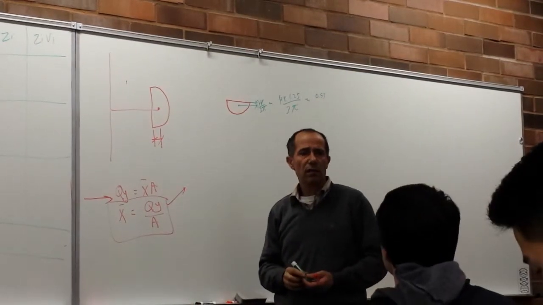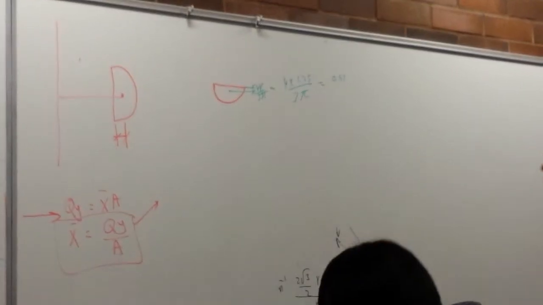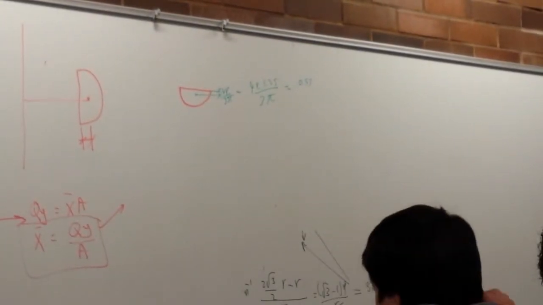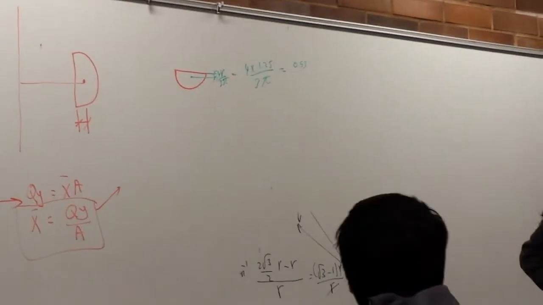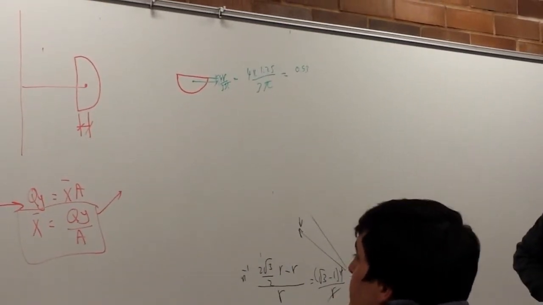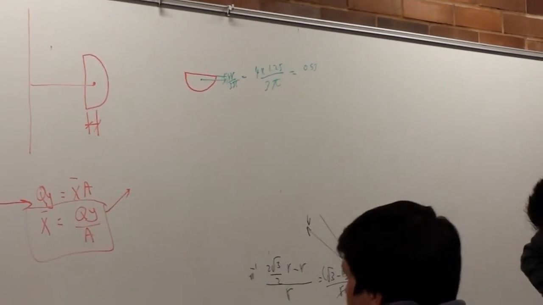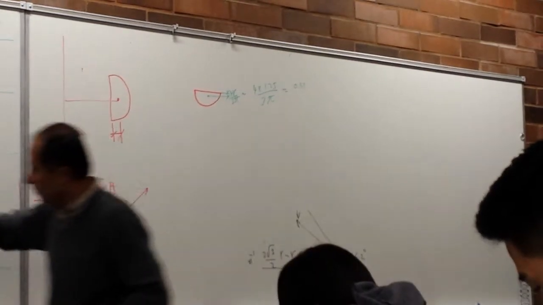No way. Maybe point five. The radius, yeah, I got 0.53. Wait, 4R over 3 pi? Oh, okay, never mind. That there is too. 0.53. Now we need to write here.